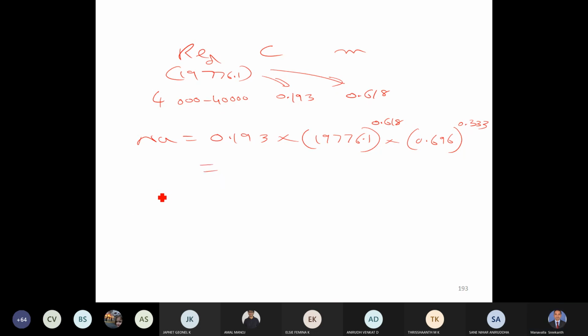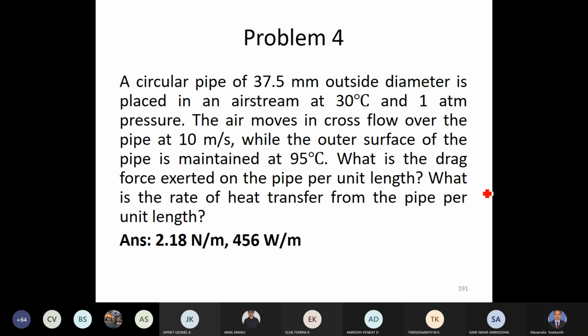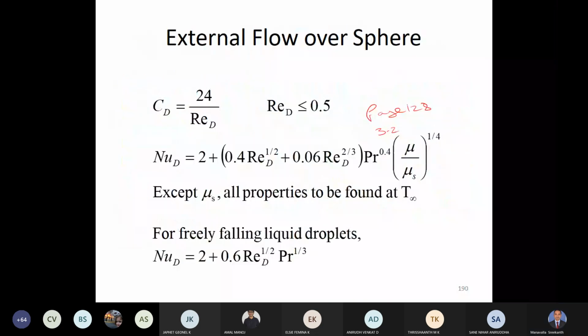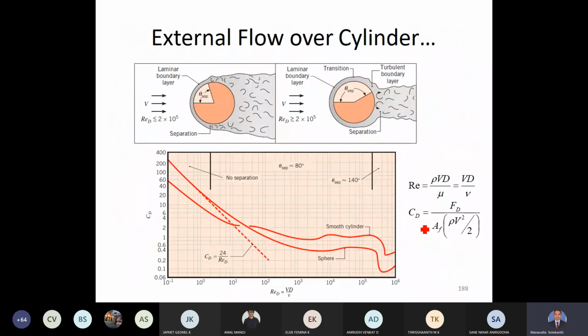And we are also asked another question. What is the drag force exerted on the pipe per unit length? Okay, this also we need to find out. You see here we have an equation for drag force. Drag force is drag coefficient multiplied by A multiplied by rho v square by 2. So for the drag coefficient, we'll have to read it from here. Our Reynolds number is 19,776. Okay, so that's close to 20,000.